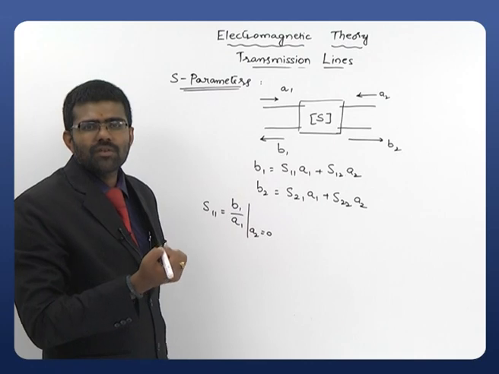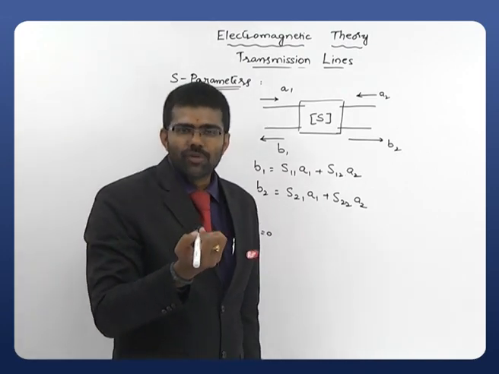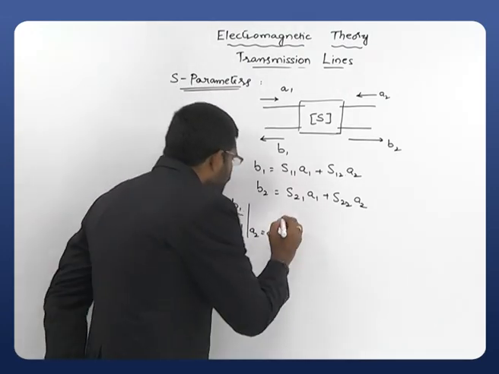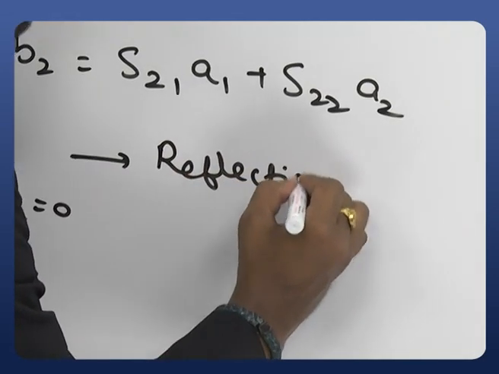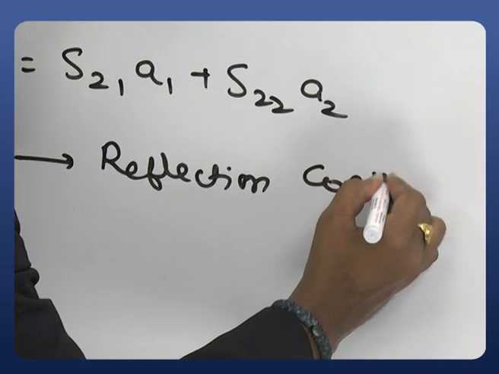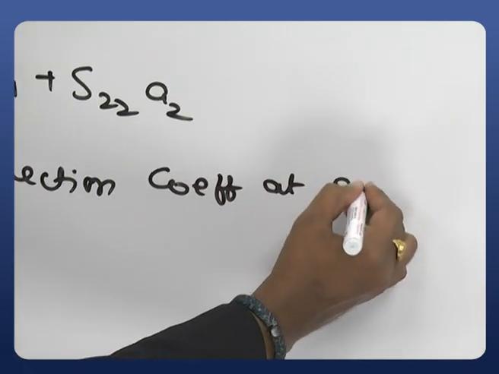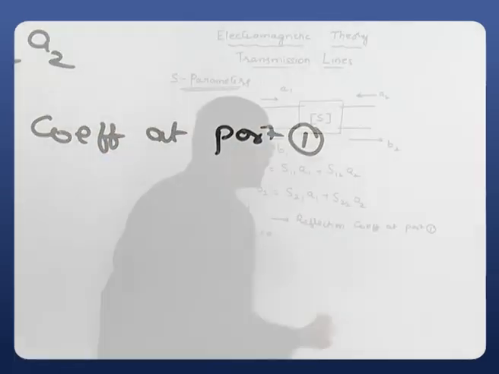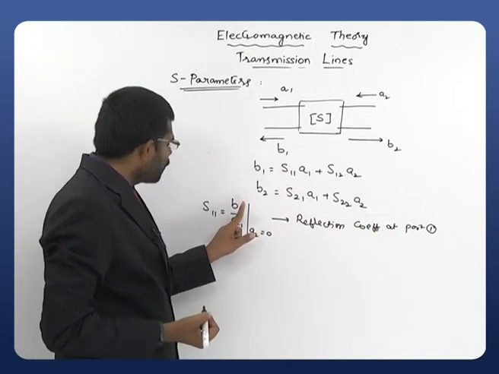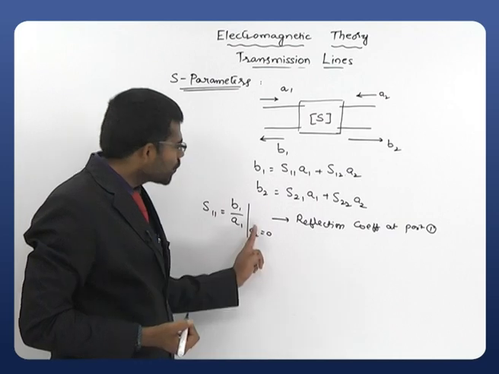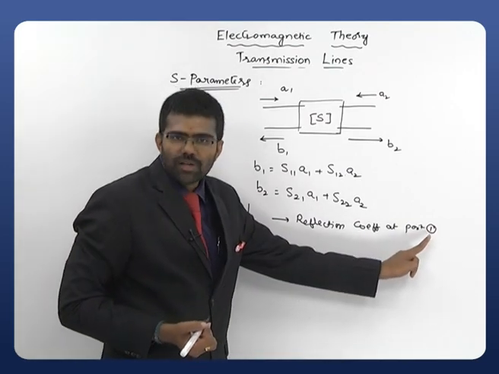Reflected power to incident power is always called the reflection coefficient. So S11 can be interpreted as the reflection coefficient at port 1, right? Clearly this is at port 1 and it is a ratio of the reflected wave to the incident wave. That's why it is called the reflection coefficient at port 1.